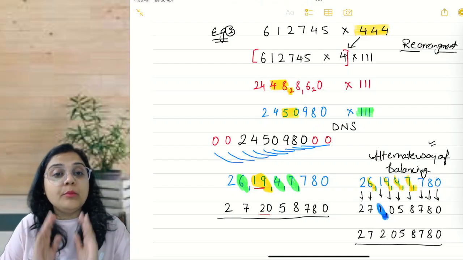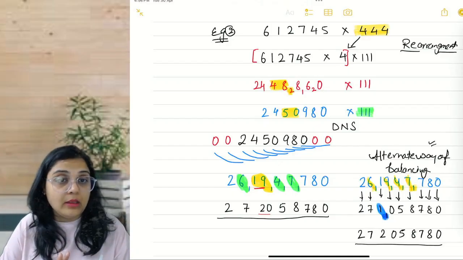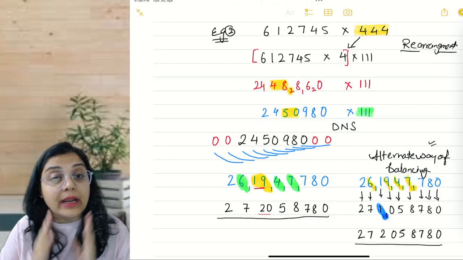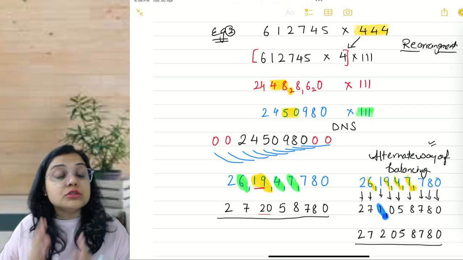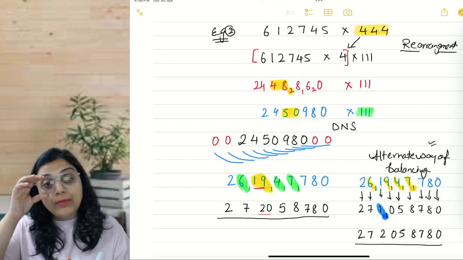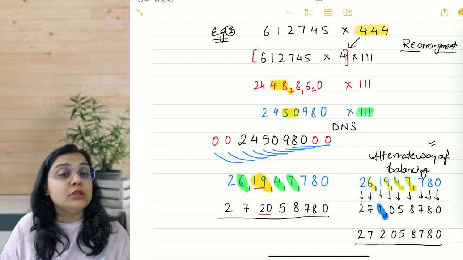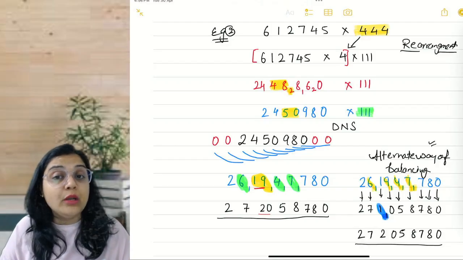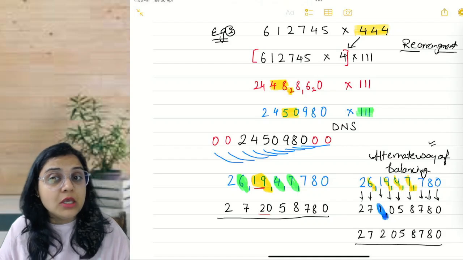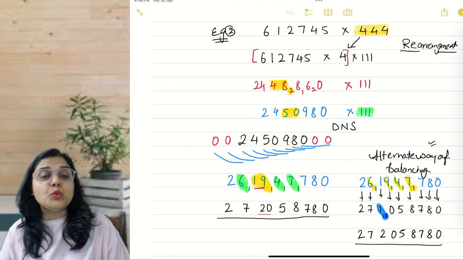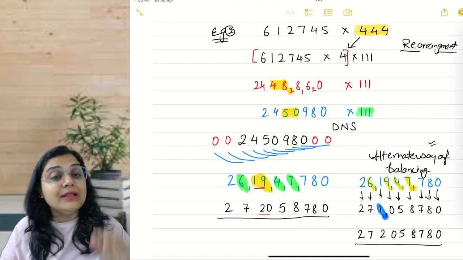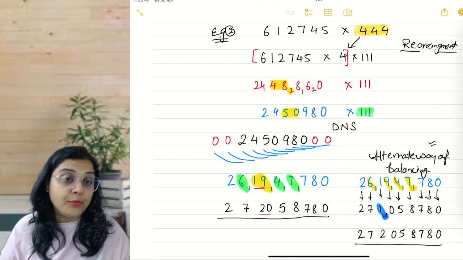This is a very important example. Why am I telling it to you right now at this stage? Because from now onwards, when you multiply a number with multiples of 111, and further also in the upcoming tricks, when you multiply bigger numbers, you will get into a situation where the balancing will occur again and again.